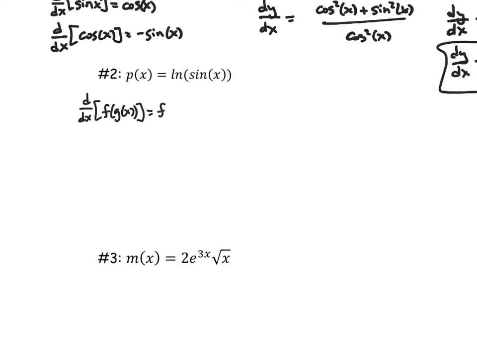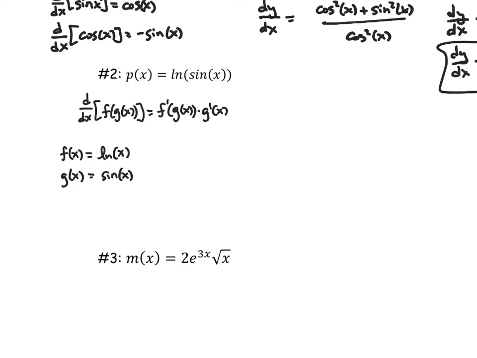Well, it's the derivative of the outer function while leaving the inner function alone times the derivative of the inner function. So in our case, what is f of x? Well, f of x is ln of x. What is g of x? g of x is sine x.